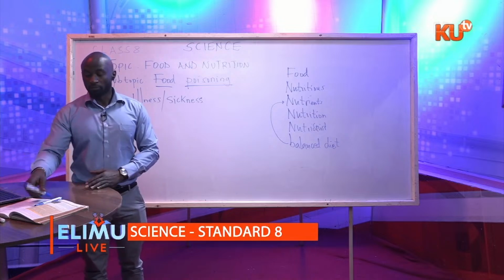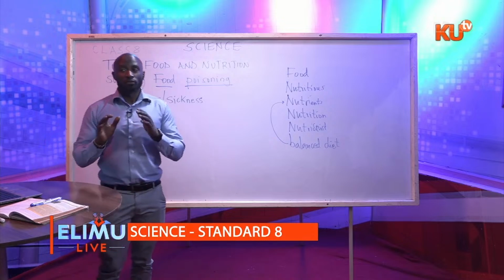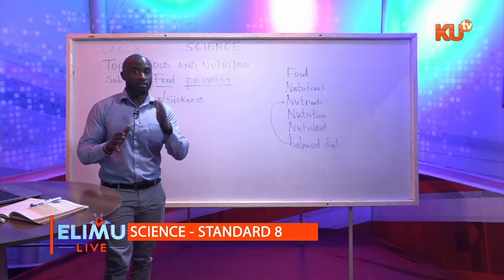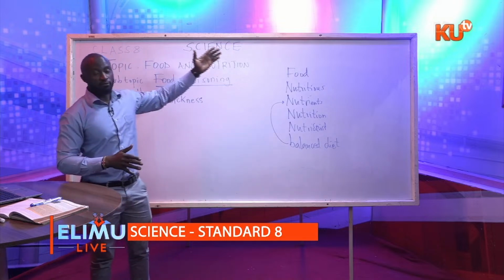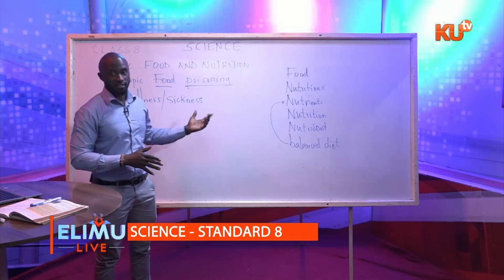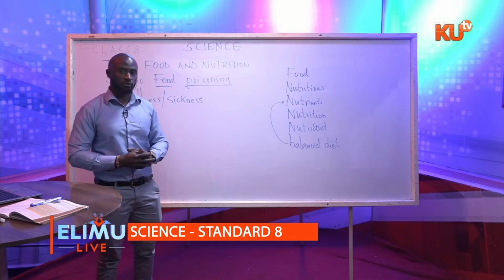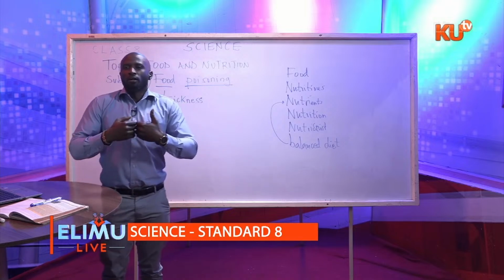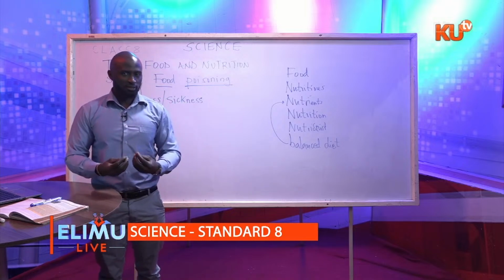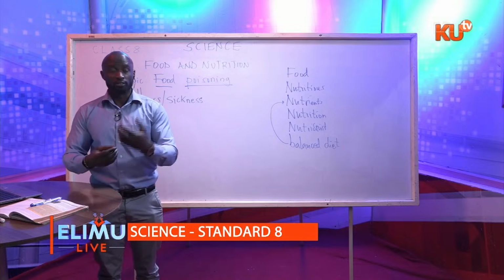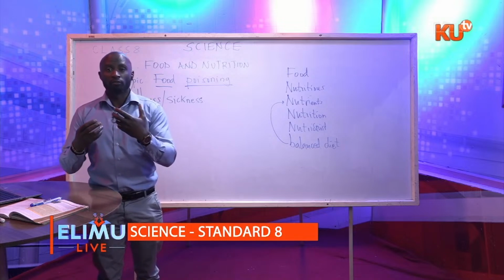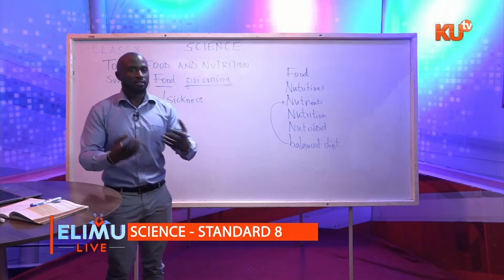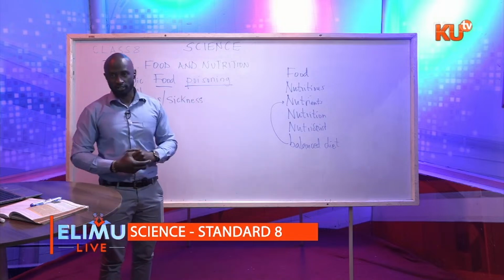Remember, our three main objectives, as I stated earlier, are: number one, we're able to define some of these terms that are listed here as far as food poisoning is concerned. Number two, you will be able to acquire some skills, as simple as the good hygienic skills that we should acquire as far as handling of food is concerned.